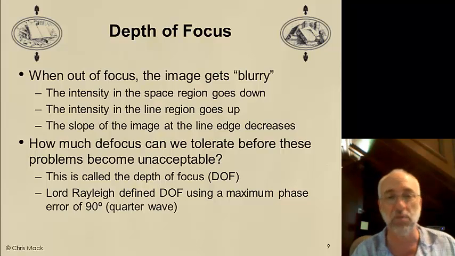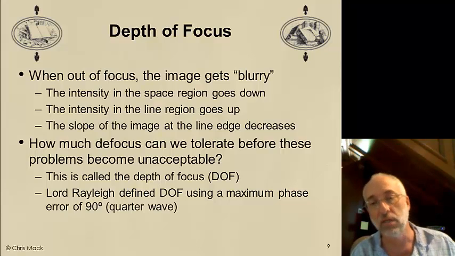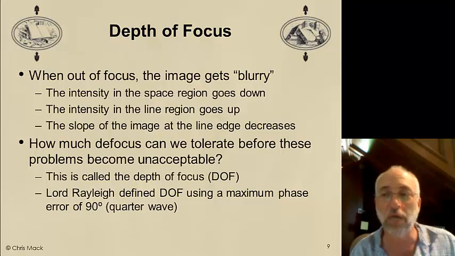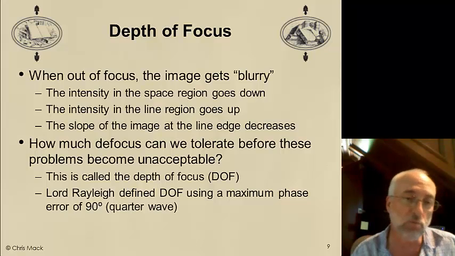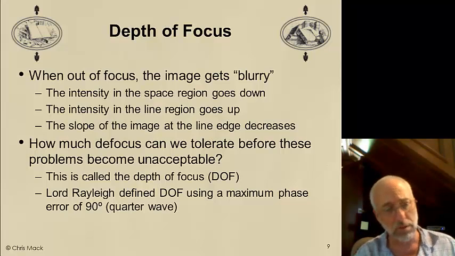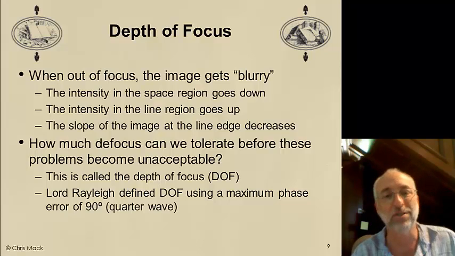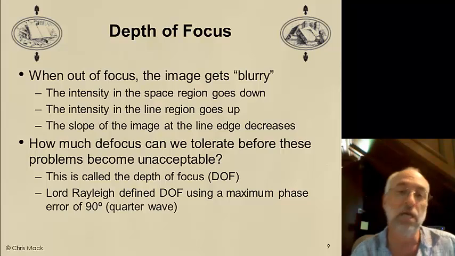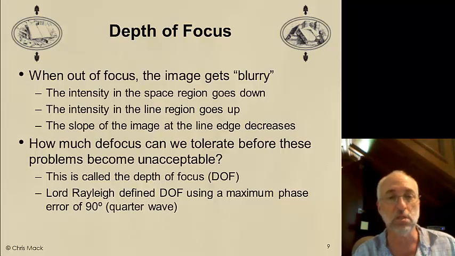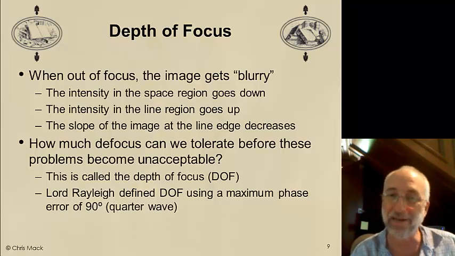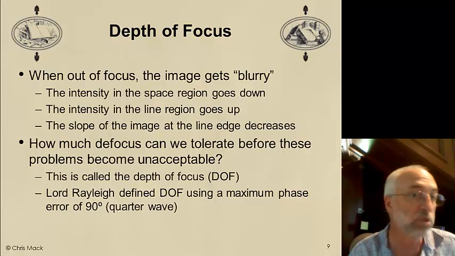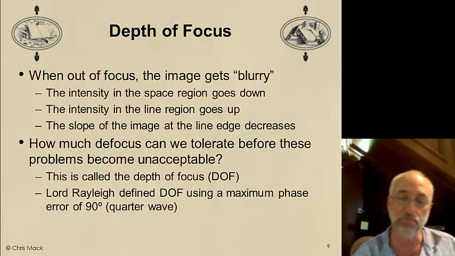So this is the maximum you could possibly tolerate and still even notice that there's an image there. Lord Rayleigh, by the way, also invented the resolution criteria that we saw a few lectures ago. He was a famous gentleman scientist, a little more famous than me. He won the Nobel Prize for his discovery of argon, did a lot of work on the theory of sound, and a lot of work on optics. He was studying the optics of telescope imaging, but the principles are the same.